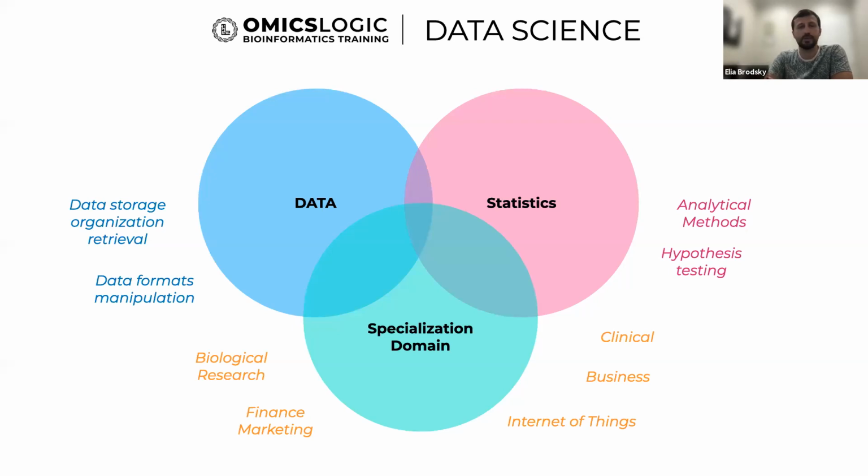Typically when we hear data science, we think of it applied to many different domains: clinical, business, Internet of Things, finance, and marketing. This specific program is going to be focused on the application to the biological domain. We will use research examples that illustrate how omics data could be useful in addressing some of the challenges in precision medicine and different aspects of biological research.